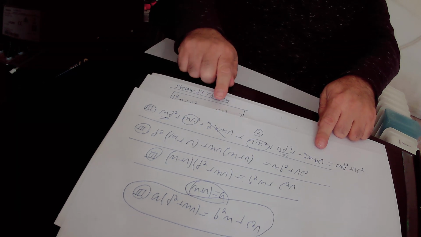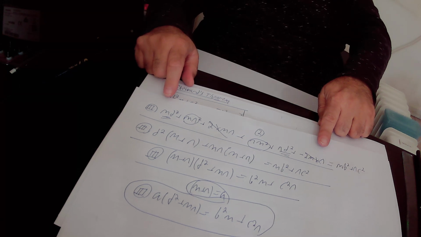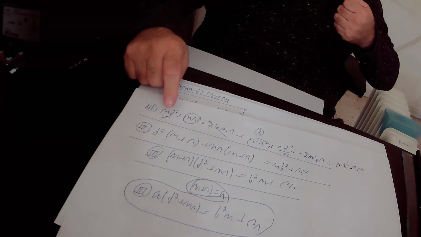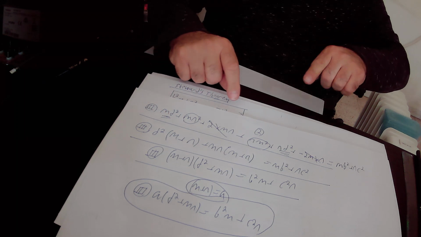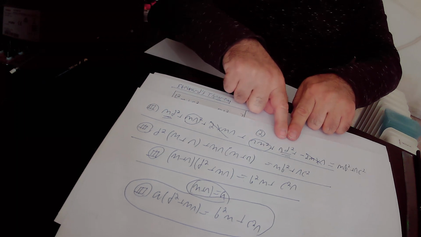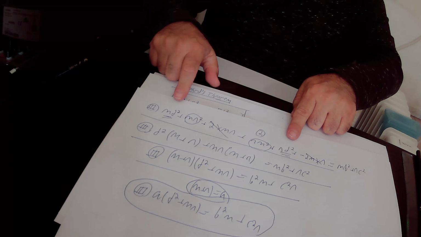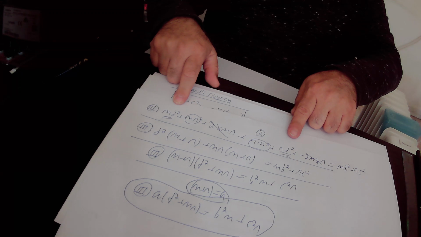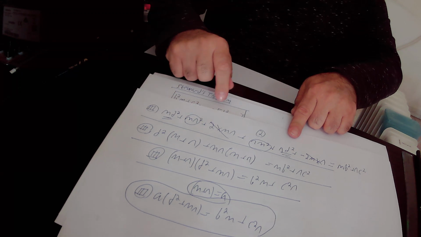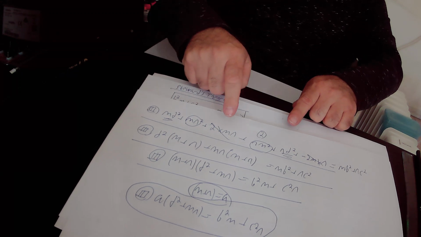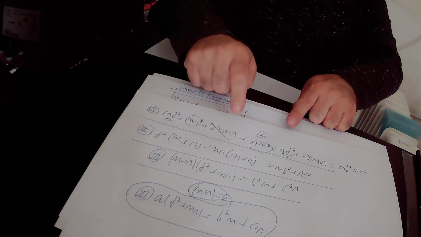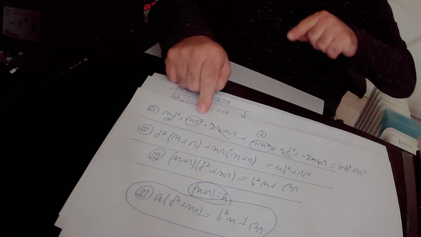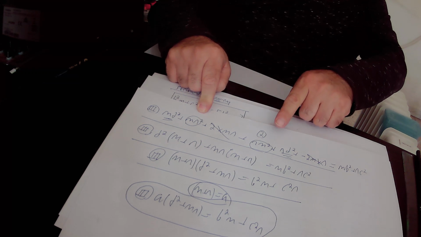And in the next step, we took out d squared as a common factor from this expression and also from this expression. Therefore, inside the brackets, we have m plus n. Then we took out m times n as a common factor from this expression and from this expression.